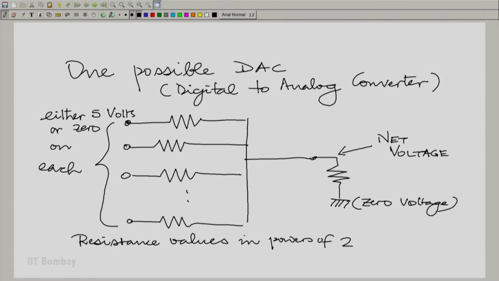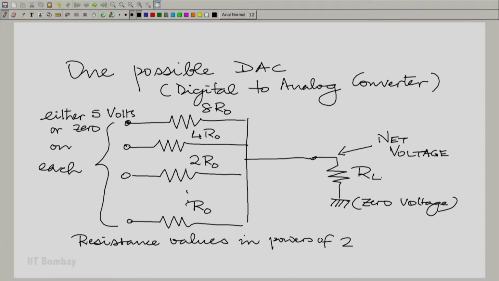Now, you could take these resistance values as I have written here in powers of 2. So, for example, if you had just 4 of them, you could make the resistance values some R0, 2 times R0, 4 times R0 and 8 times R0, and this is RL here.